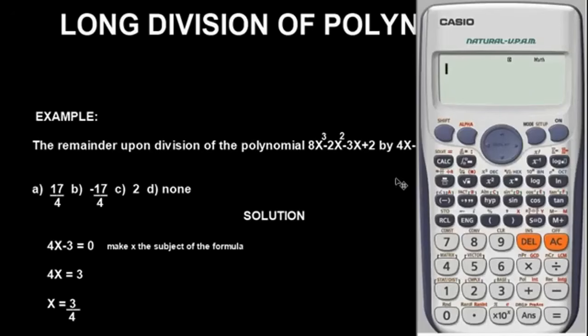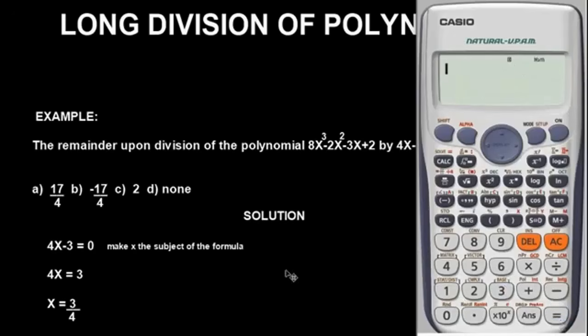To clear the calculator, you simply press Shift, button 9, and follow the instruction. We want to clear all, you press 3, you press equal to, and equal to again. So right now we have cleared the calculator.